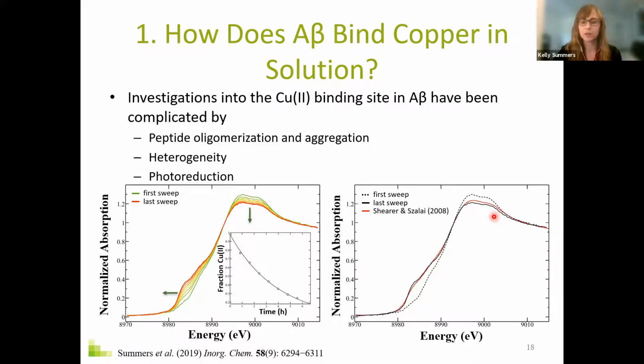This is a lot more difficult on beamlines where they have a really small spot, really high flux density. We actually did a few experiments at the Australian synchrotron where they have such really high flux on their XAS beamline that we had lost most of our copper 2 before we got to the edge of the first sweep. So it can be a real challenge.